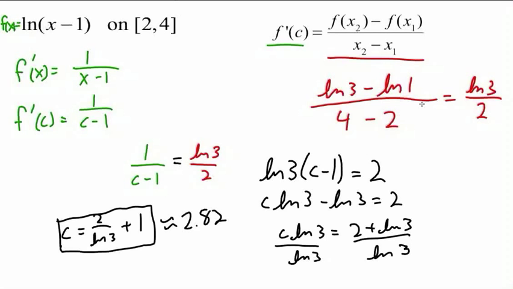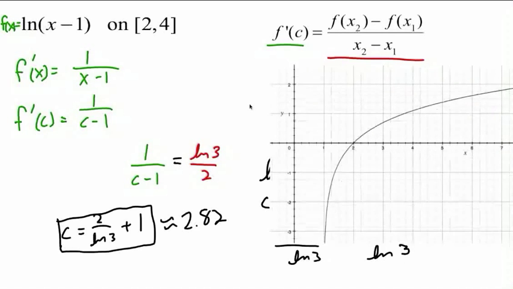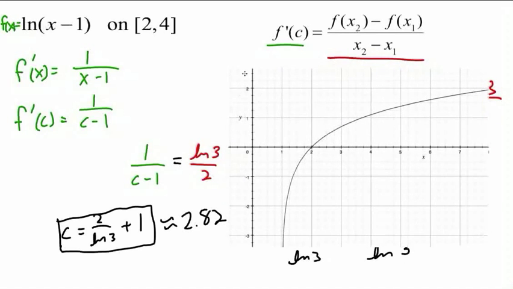To get a more visual idea of what's going on, let's look at the graph. The graph is going to look like this. And we want the interval from 2 to 4. And so we want to take a line that connects those two.